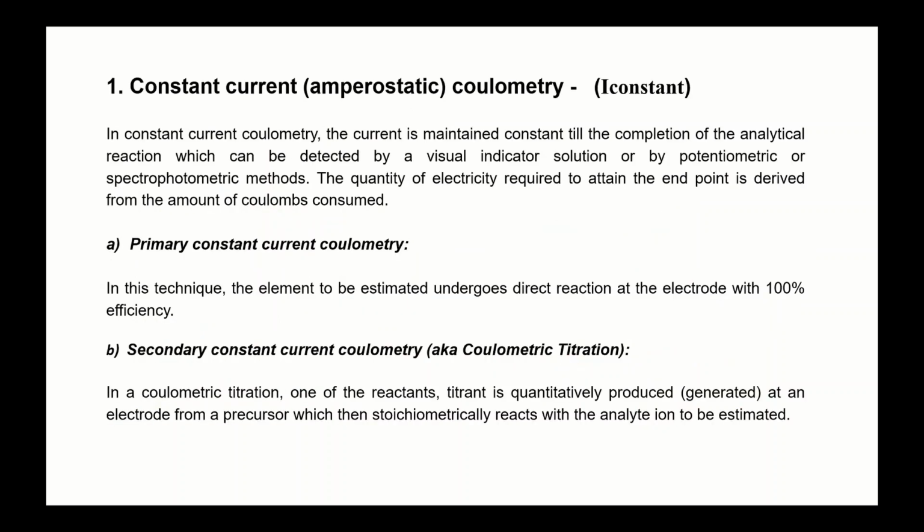So we look at the first type or first method, which is I constant. So you just apply amperostatic or galvanostatic coulometry. In constant current, which is I constant coulometry, the current is maintained constant till the completion of the analytical reaction, which can be detected by a visual indicator solution.